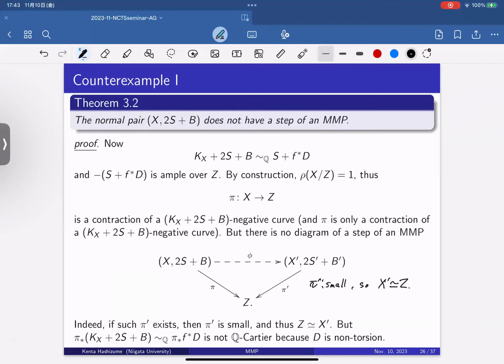However, K_X' plus 2S' plus B' is not Q-Cartier. This is because D is non-torsion. Yeah, we need a technical discussion to show the non-Q-Cartier property, but this is not difficult.